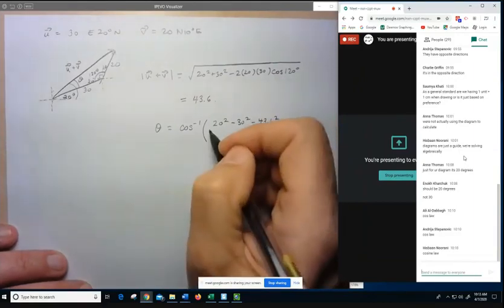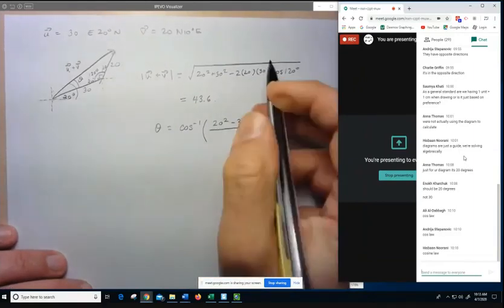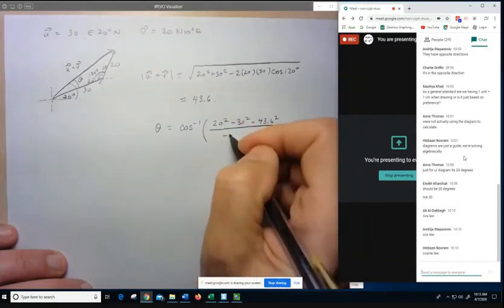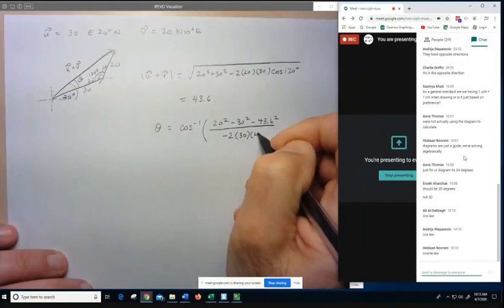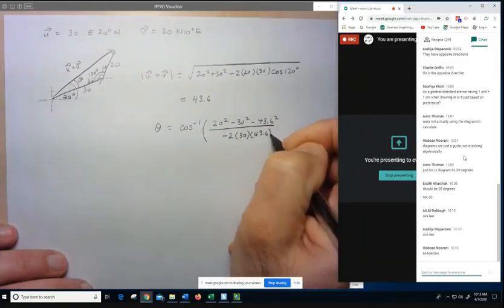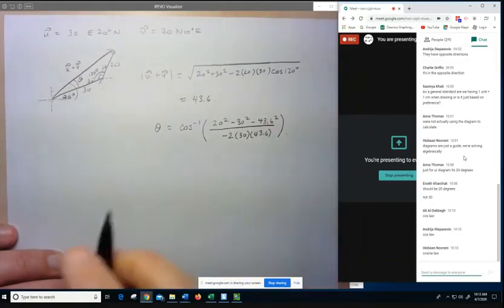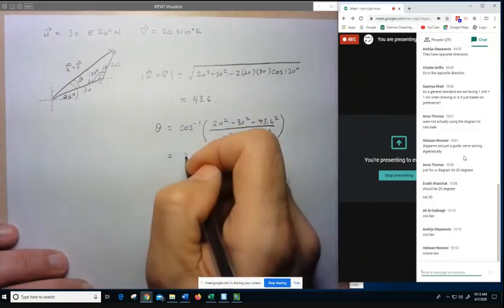Then I'd divide by the negative 2 times those other two sides, 30 times 43.6. If you put that into your calculator, if I did it correctly, it should be 23.4 degrees.